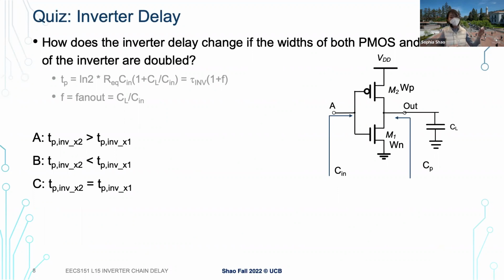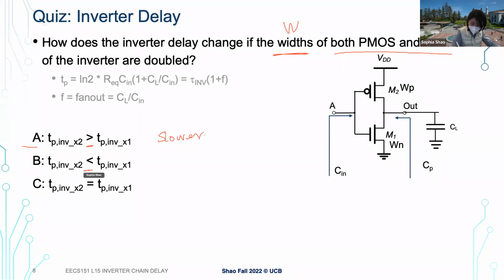So how would the inverter delay change if the width W, for both PMOS and NMOS of the inverter, is doubled? If we make both PMOS and NMOS wider, will that be faster? It's a size 2 inverter. Or is it actually slower, with a longer propagation delay? Would that be slower?